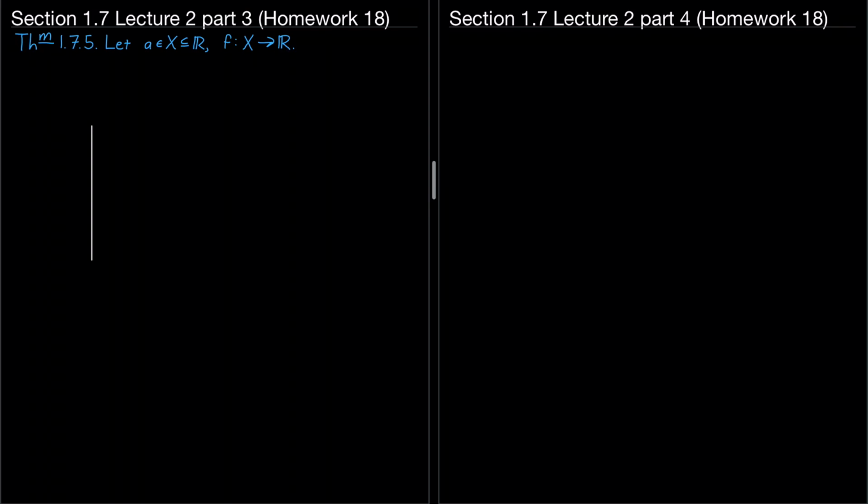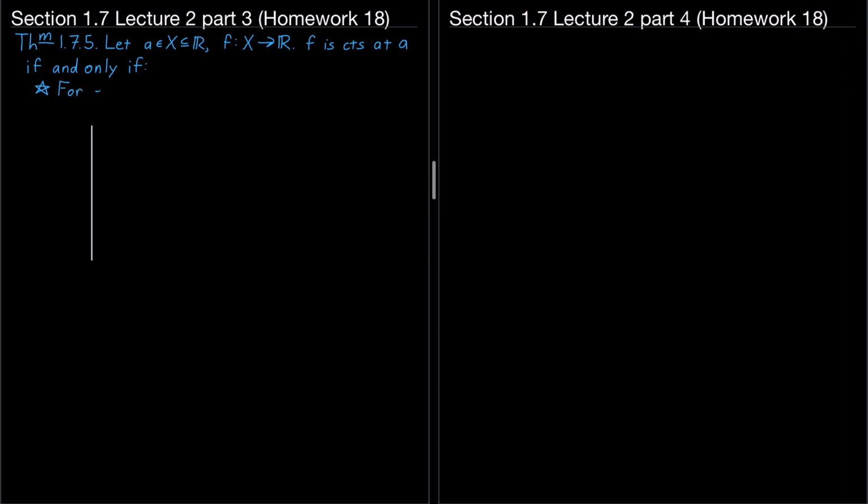Then f is continuous at a if and only if, and I'm going to want to refer to this condition a bunch, so I'm going to put a star in front of it so I can say things like if the condition star holds.